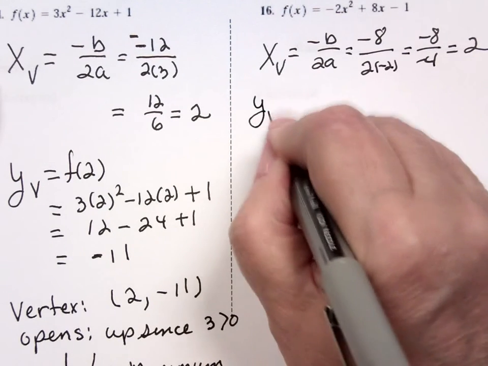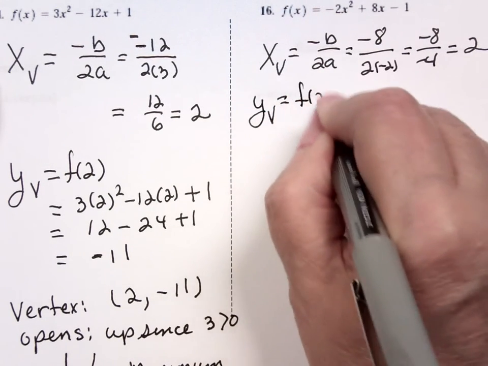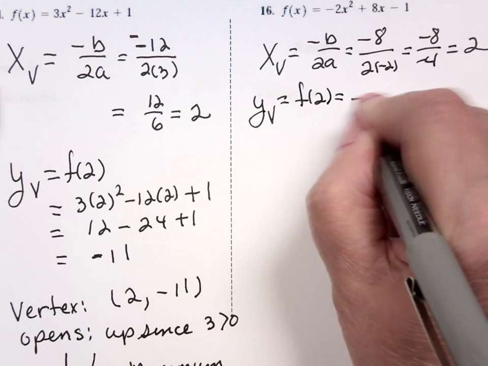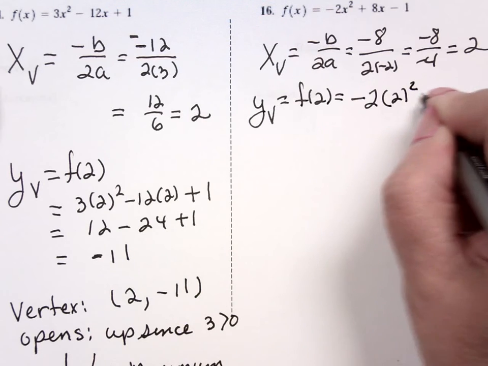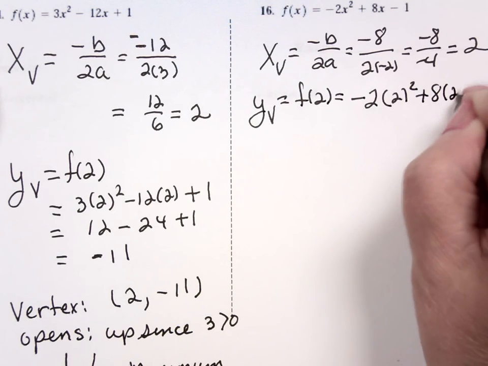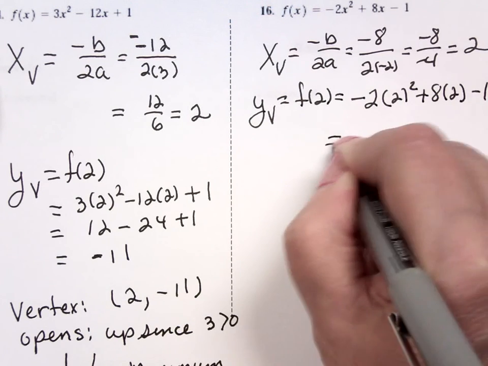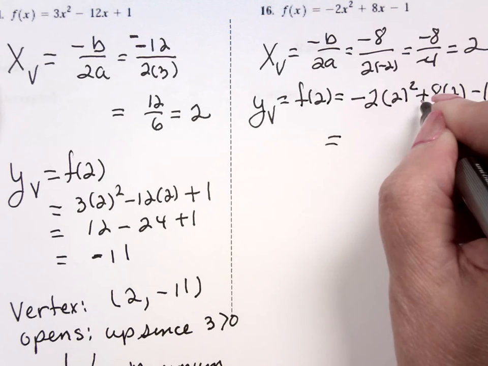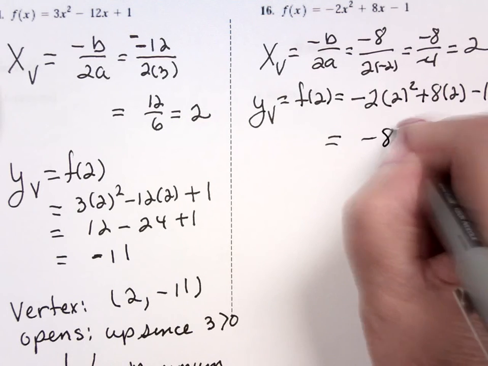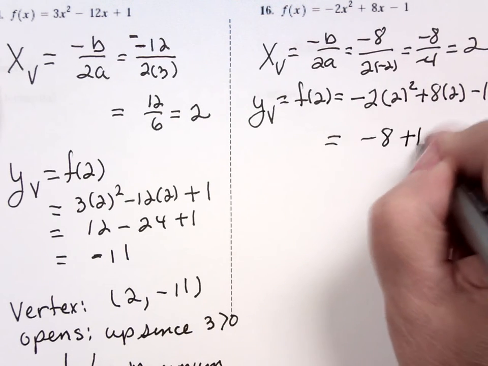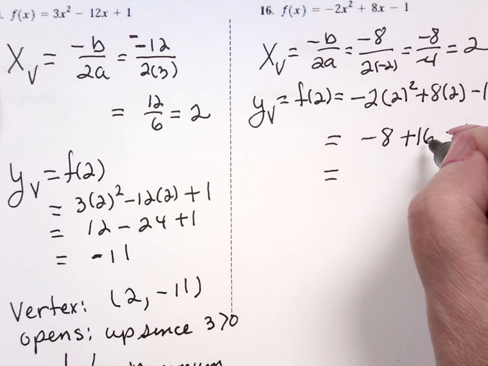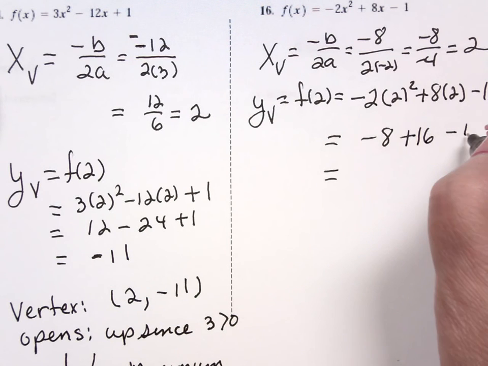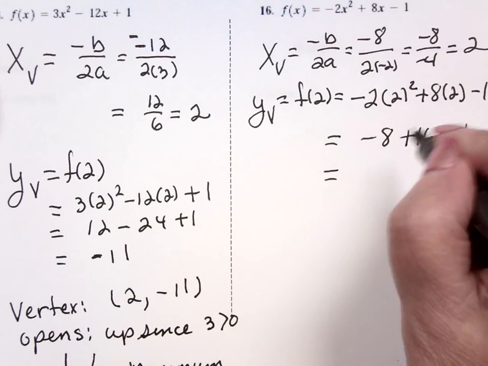The y-coordinate of the vertex is f of 2, which is minus 2 times 2 squared plus 8 times 2 minus 1, which is 2 times 4, that's minus 8. Oh, plus 16 minus 1. Is that not cute? This is minus 8 plus 16 is plus 8. Plus 8 minus 1 is 7.